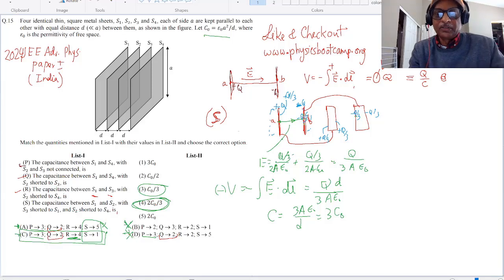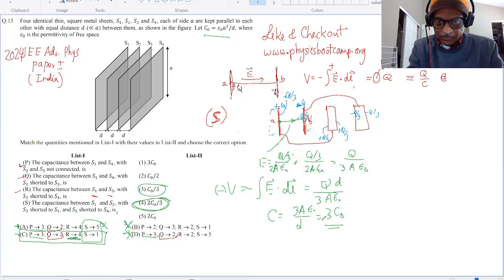Okay, so that's it. This was a pretty long problem. There are a lot of other ways of doing it. Some people do it like, okay, are these plates in parallel? Now here, the only way you're going to get this situation is if you can think of all plates as kind of in parallel. I don't know how to explain that other than doing this.